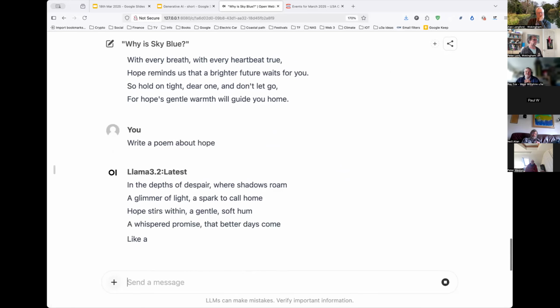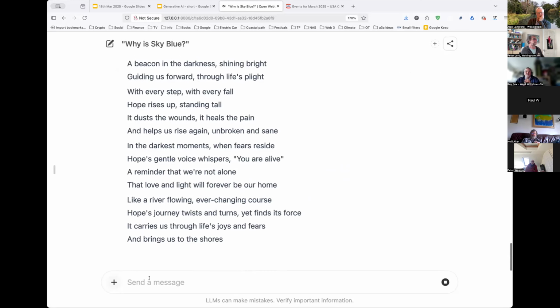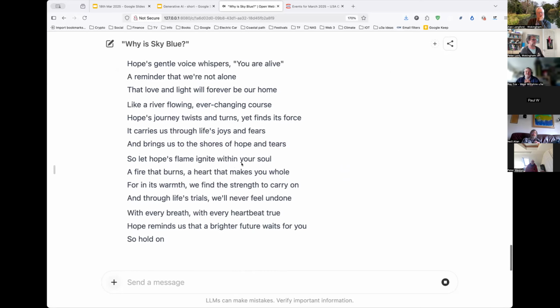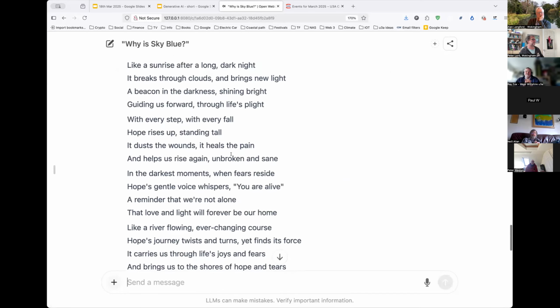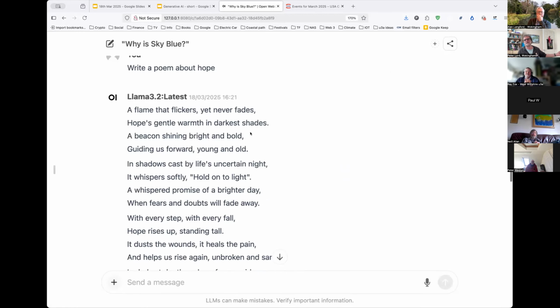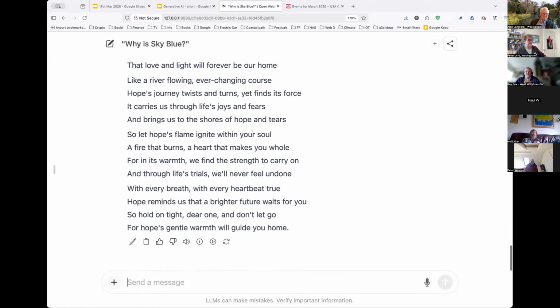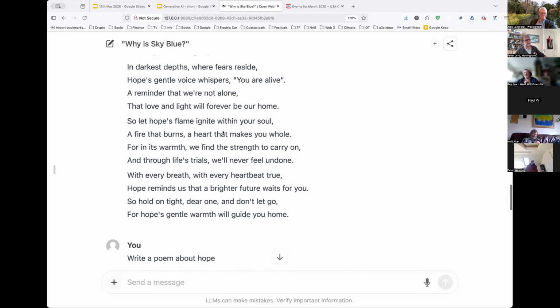Let's try it. And you're probably going to say, is that going to be the same or not? In the depths of despair. So it's a completely different poem.